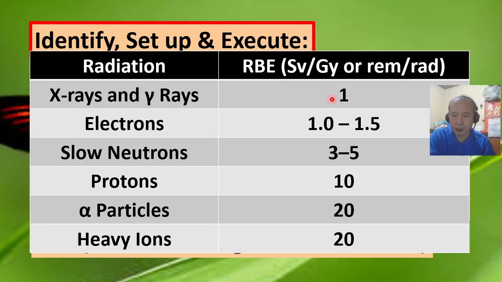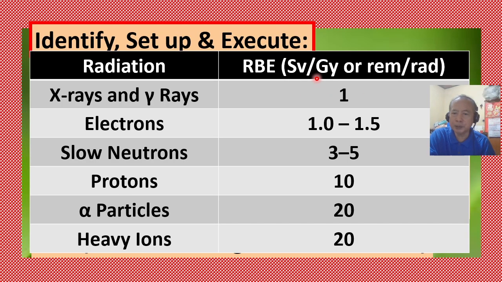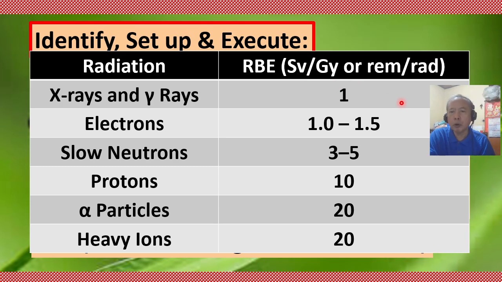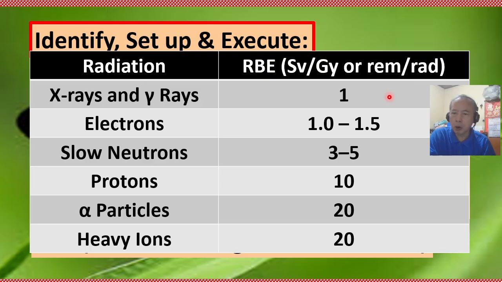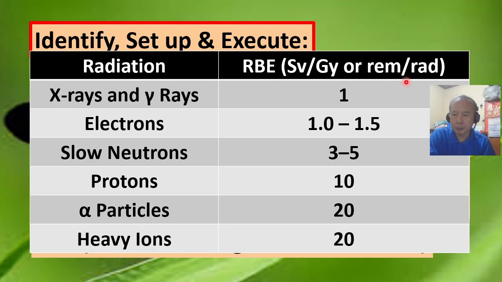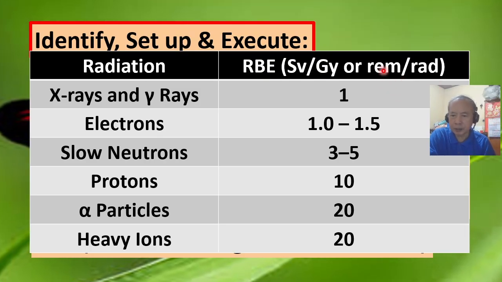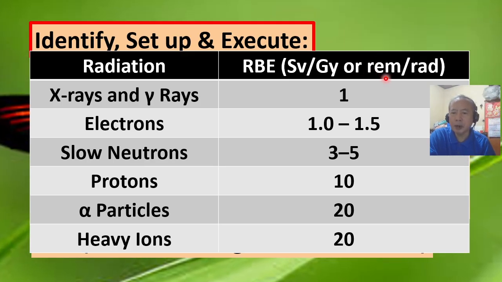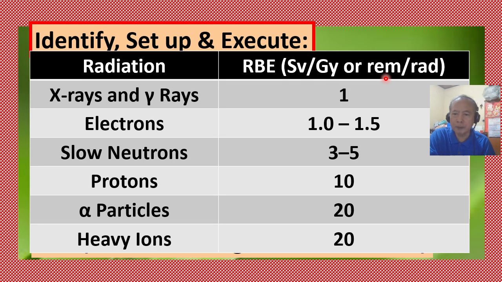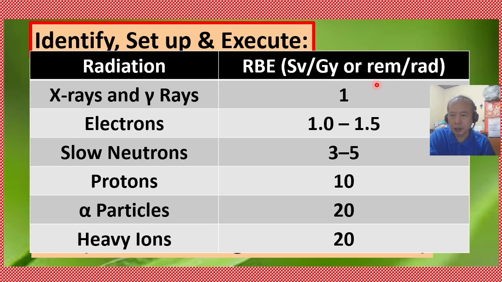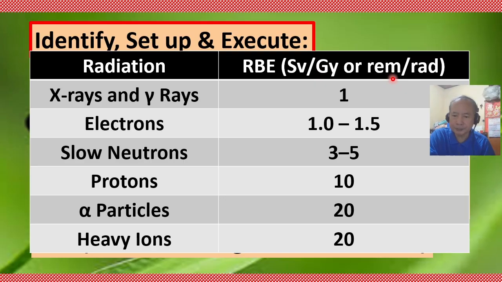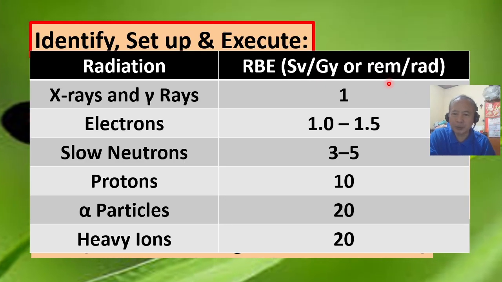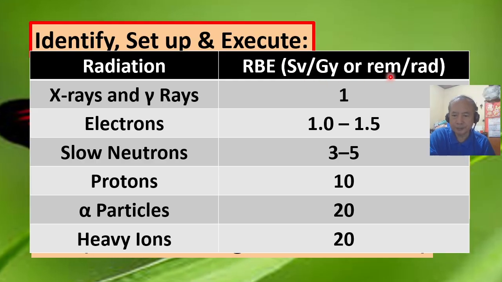The unit for RBE, of course, is the sievert per gray in the SI system, but that's also equivalent to an older unit called rem per rad. Actually, the term rem is an acronym for Roentgen equivalent man, but now it is replaced by sievert.